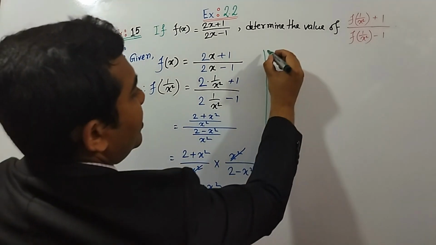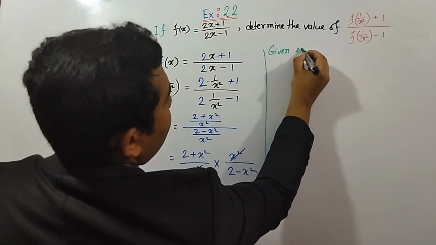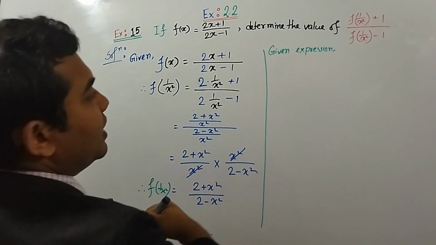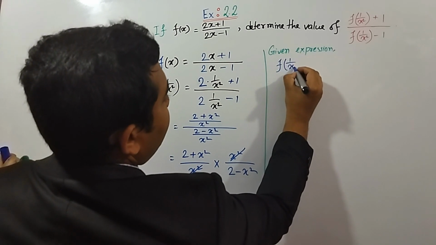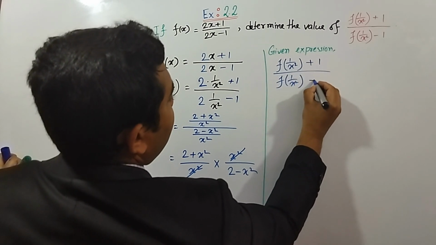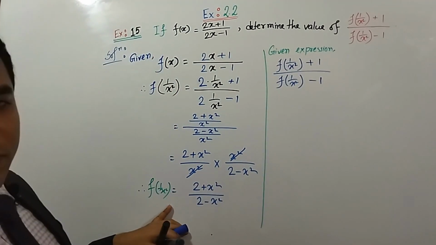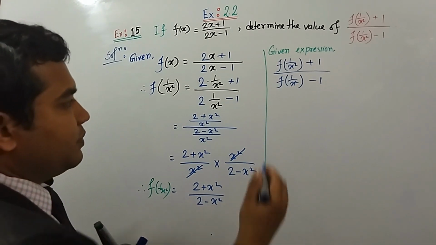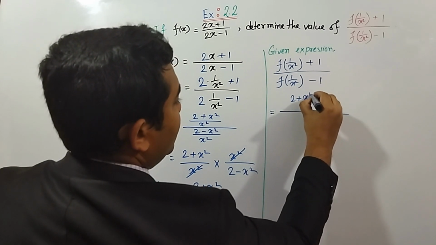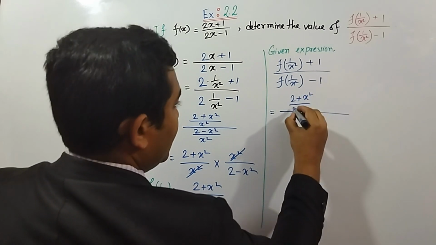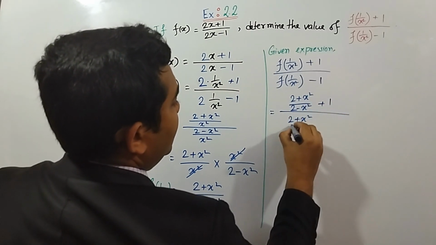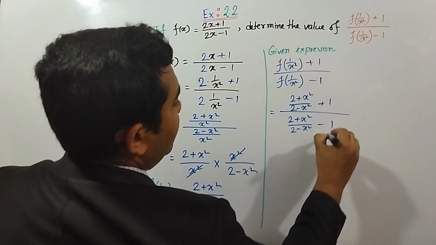So write it down first. So our given expression, what is given? F of 1 by x square plus 1, f of 1 by x square minus 1. So f of 1 by x square is this, we have already found. Just putting the value of it here. 2 plus x square divided by 2 minus x square plus 1, 2 plus x square divided by 2 minus x square minus 1.